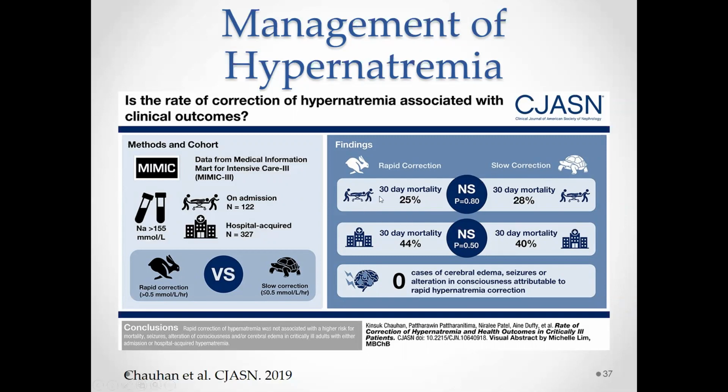For community-acquired versus hospital-acquired, they did not find a mortality difference between slow versus fast in either of those groups. A significant finding is that 0 cases of cerebral edema were found. So they conclude that rapid correction might not be so bad after all.